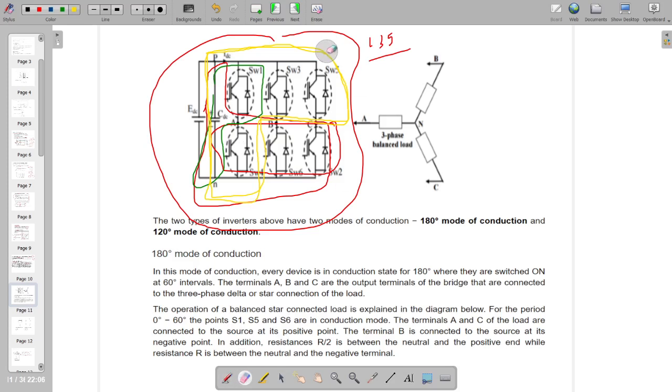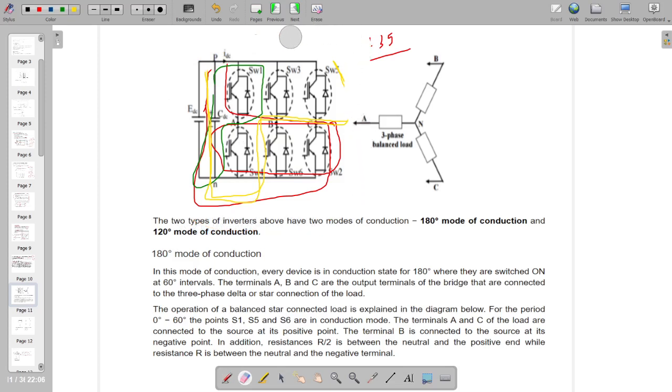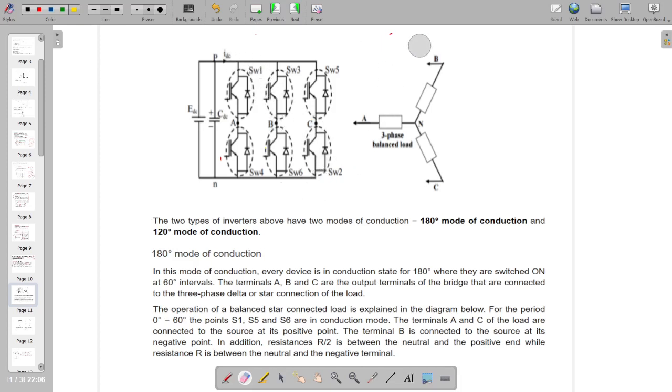Once again, I am explaining. In the first case, supply, S1 and S2, and back to the supply.